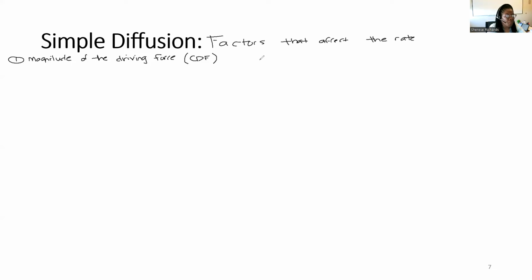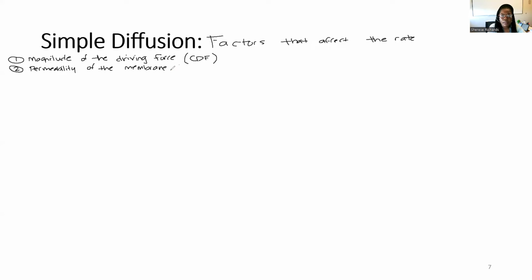Okay. The second property or factor that affects the rate of simple diffusion is the permeability of the membrane. Okay, this we said was the most important factor.